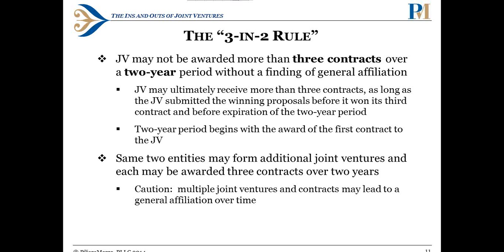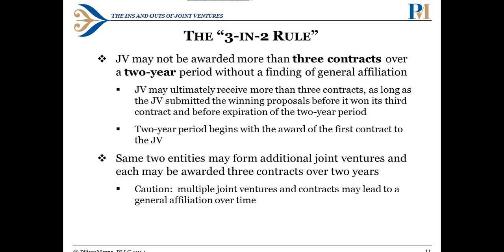So next is the 3 and 2 rule. And this goes back to that definition of joint venture that we talked about. The 3 and 2 rule needs explanation, because the way it's drafted, it says that joint ventures may not be awarded more than 3 contracts over a 2-year period without a finding of general affiliation between the joint venture partners.